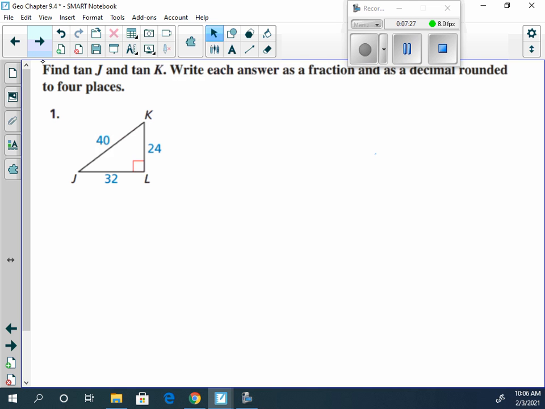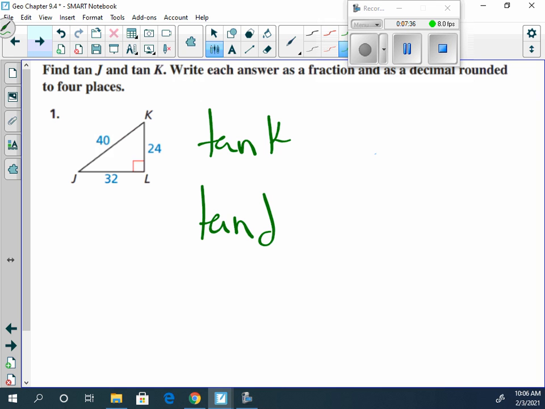The thing that doesn't work is if our tangent of K, because we're going to find that, and tangent of J, do not equal opposite over adjacent if it is not a right triangle. The sine is opposite over hypotenuse, cosine is adjacent over hypotenuse, and tangent is opposite over adjacent. Only work if we're talking about right triangles. These setups only work if it is a right triangle.